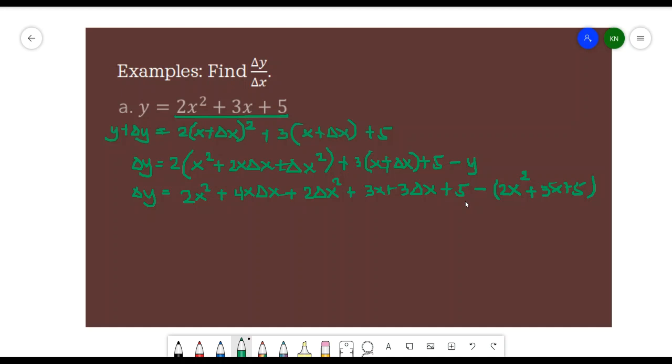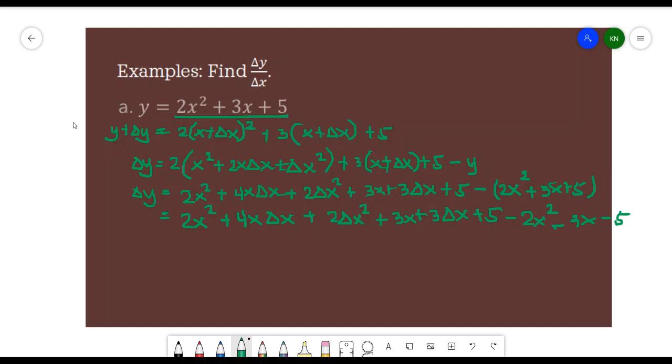So now let's perform this operation and simplify as much as we can. We have 2x squared plus 4x delta x plus 2 delta x squared plus 3x plus 3 delta x plus 5, minus 2x squared minus 3x minus 5.